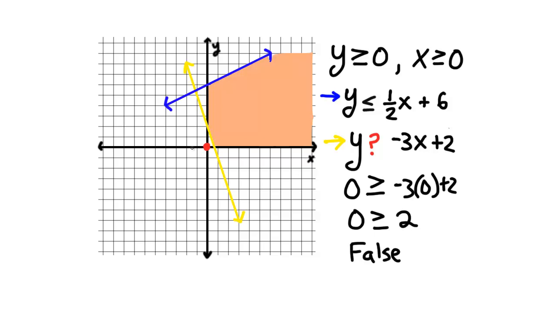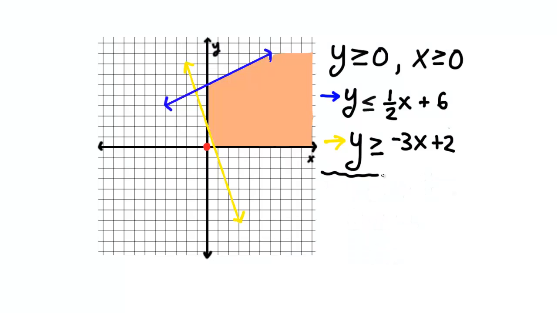The test point is on the left hand side of the boundary line, so we'll shade the right hand side. And yes, that's the side that we want to shade because that's where the shaded region is. So we'll go with that one. We'll erase the question mark right there, and we'll put in the greater than or equal to.